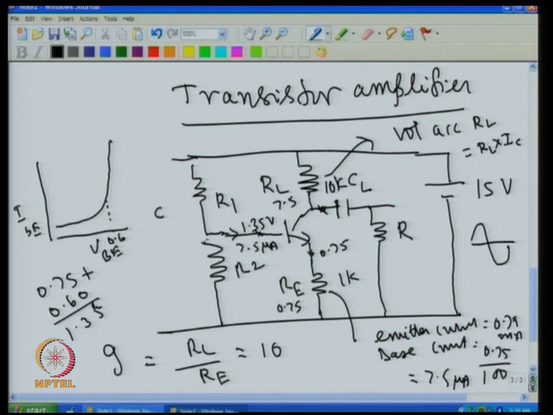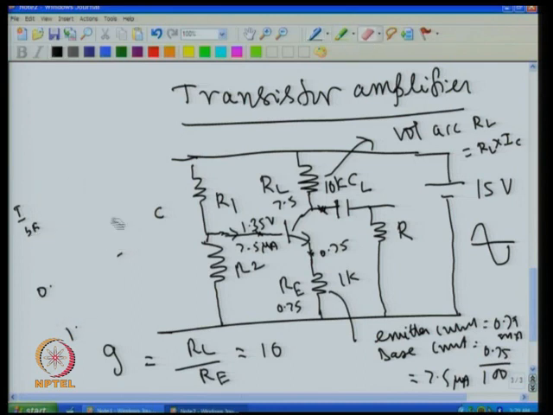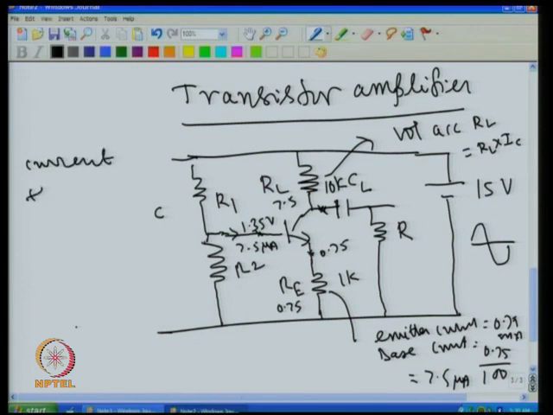Now we select this current to be more than this 7.5 microampere, so that this current has no effect on the voltage division. I fix this current 10 times more than the base current. So I fix 75 microampere for this. So essentially, I need the current through R1 and R2, which will be 75 microamps.